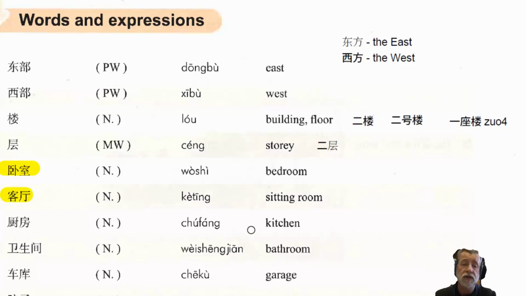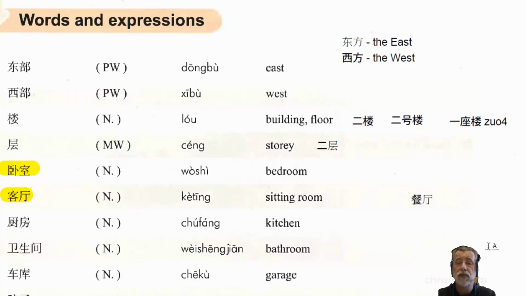And again, that's made up of two characters that we've seen before. 客, as in guest, and 厅. We've actually seen it in an earlier lesson in this word, 餐厅.